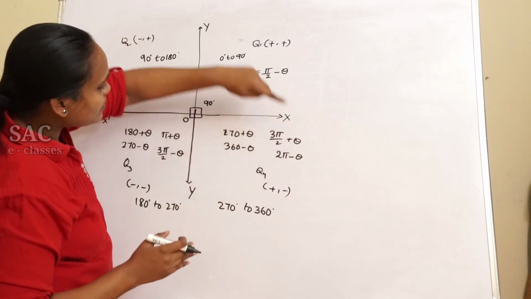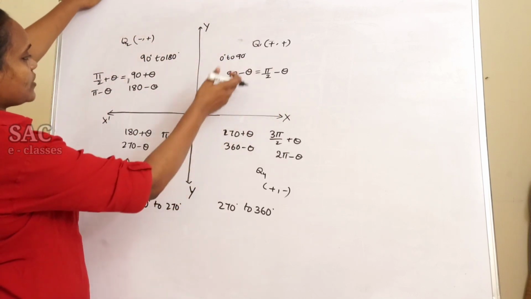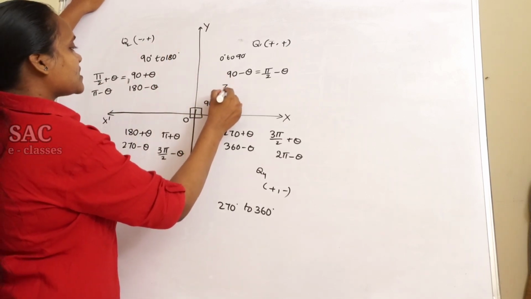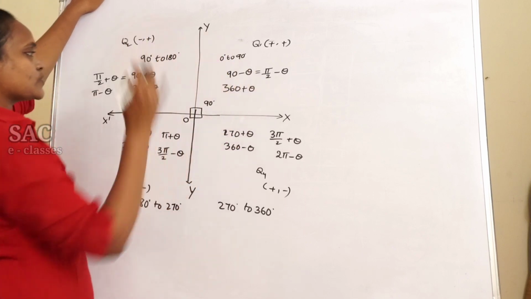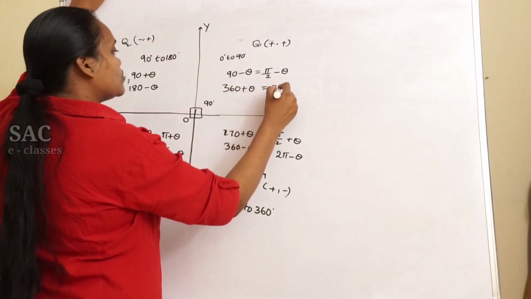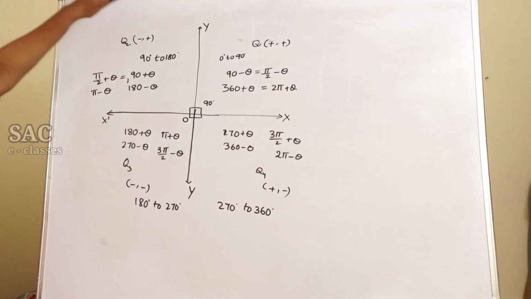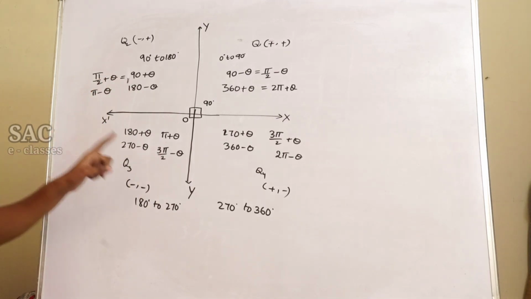If it goes more, above 360 is starting the acute and obtuse rotation again. That means above 360 degrees it comes to the first quadrant, which is 2 pi plus theta. This is the distribution of measurement of all the structural values.